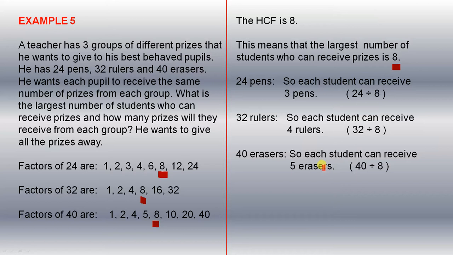Each student can receive 5 erasers, because 40 divided by 8 equals 5. That is a very, very good real-world example of how to use HCF.